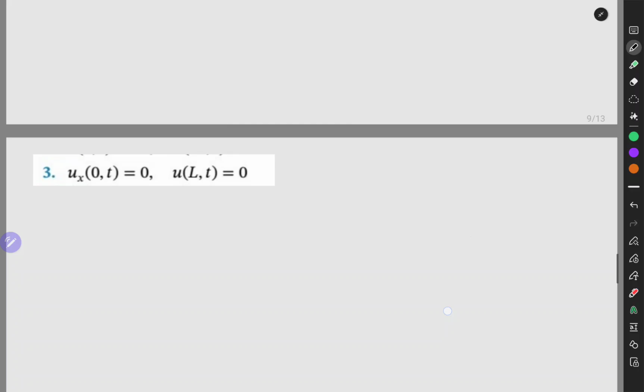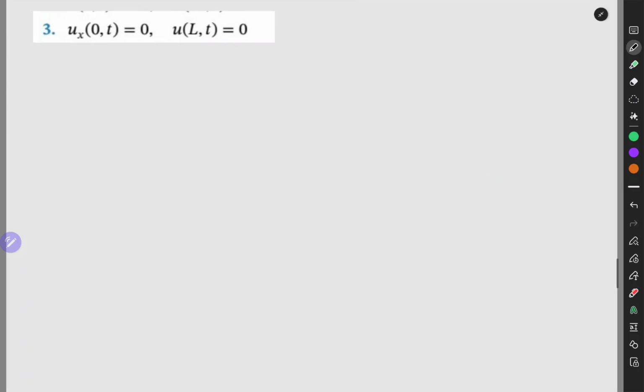Let's look at the next one. What if we have a mix between a Neumann boundary condition and a Dirichlet boundary condition? Right, this is a Neumann, this is a Dirichlet. Neumann just basically states, think about it as being insulated, so that end of the rod doesn't have any heat transfer.